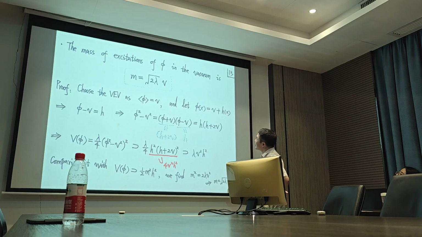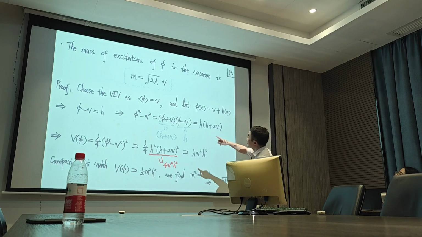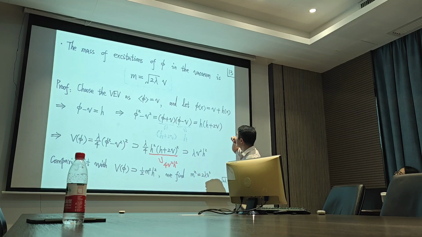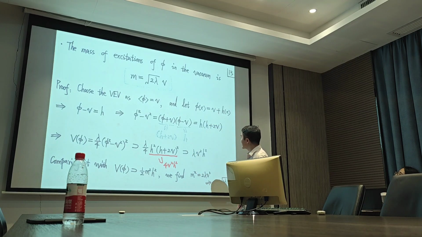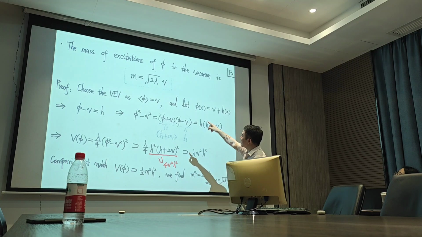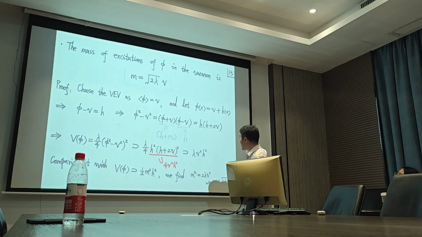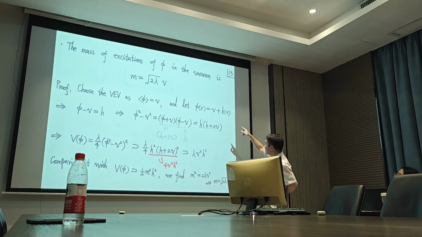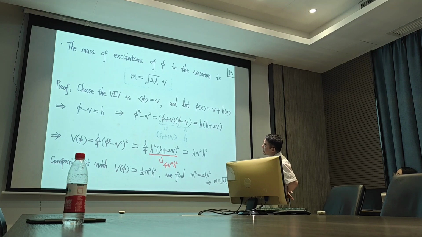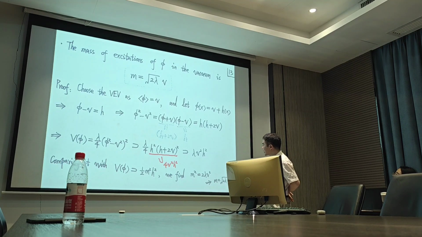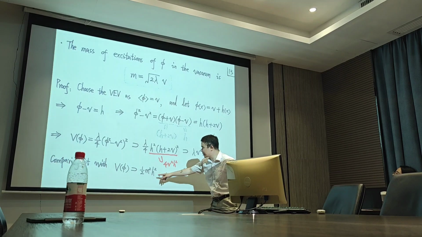We can choose phi equal to v and let the field be an excitation around the vacuum, so we can get the mass term of the excitation.